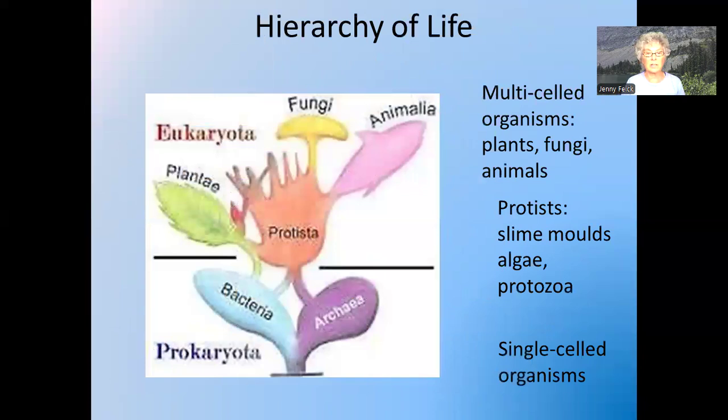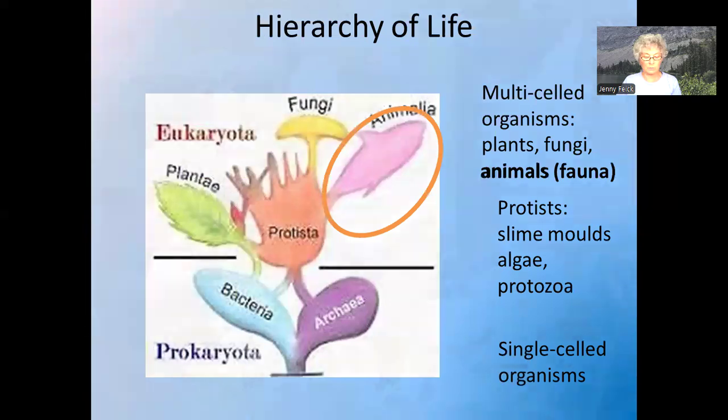Going back to the hierarchy of life diagram that I've shown in previous videos in this series, in this and the next 3 videos, I am focusing on the animal kingdom, the fauna that live in the vicinity of the Great Divide.